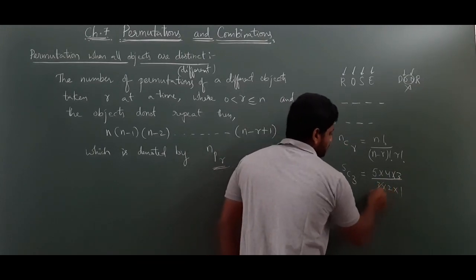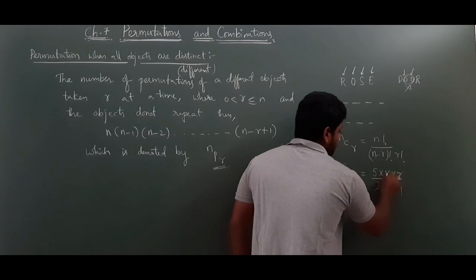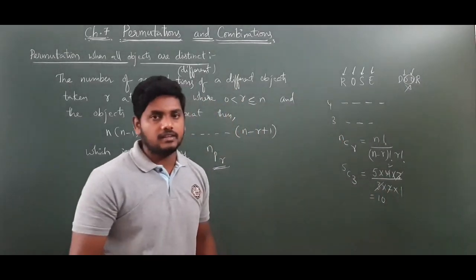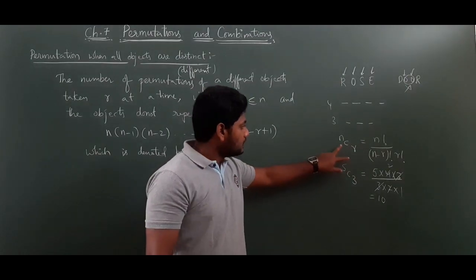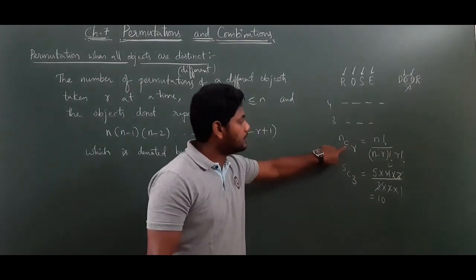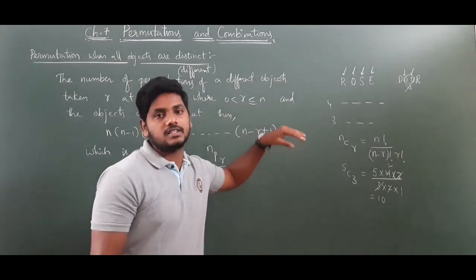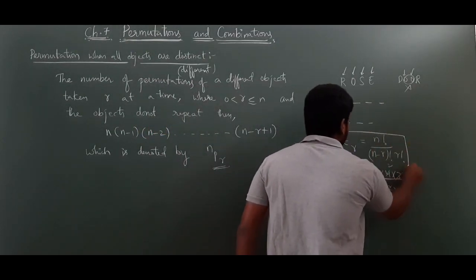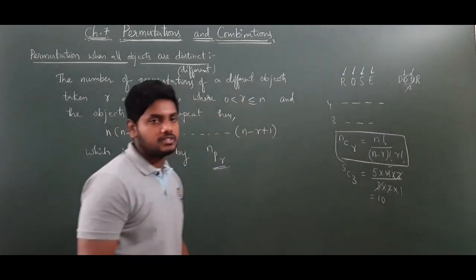Here the 3 cancels, 2 ones are 2, which is nothing but 10. So the value of 5C3 is 10. This is about combinations, right? Here C represents combinations, which we will also discuss in later sessions. This is the formula of nCr, which you are already using from the previous sessions.